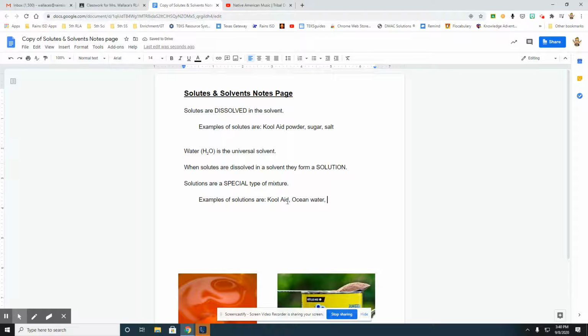However, ocean water from Sonic would also be a solution. Soda, right, because you have sugar dissolved in that water, and then you carbonate it, and that gives you your soda drink, whether it's Sprite, Dr. Pepper, anything like that. I want you to think about lemonade, right? Lemonade, we put sugar in there to make it sweet, and so that would be a solution. So the solute is always going to go into the solvent.